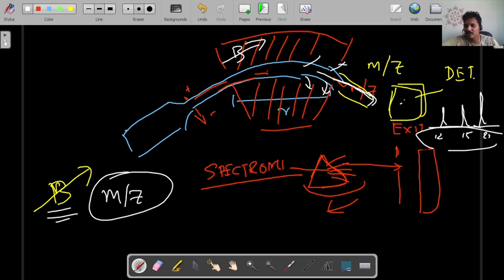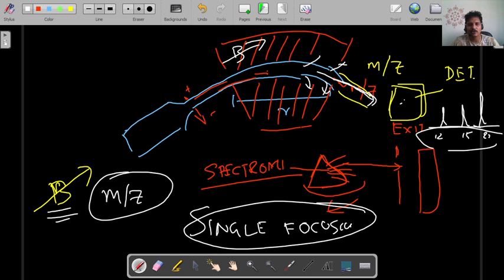This principle is called single focusing mass spectroscopy. What you do is use a magnetic field to focus it. That way you will be able to get your output and differentiate between different ions. This is called a single focusing mass spectrometer.